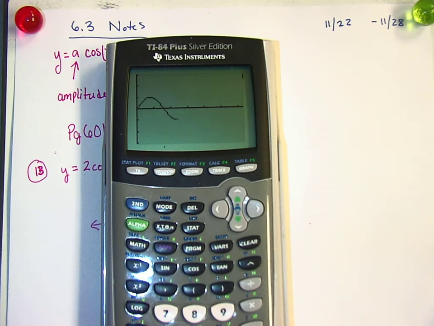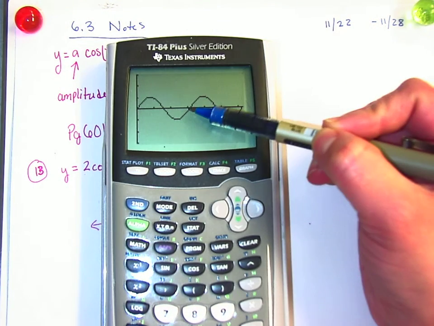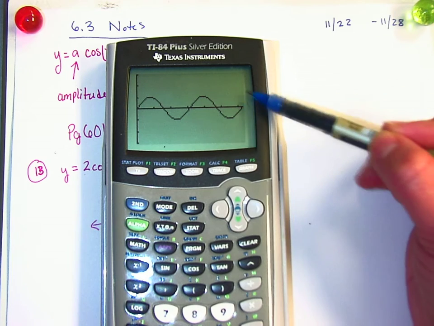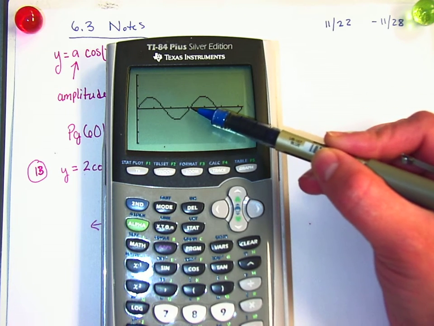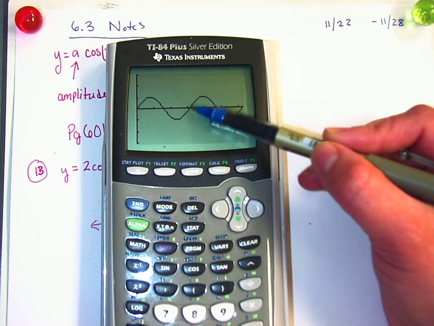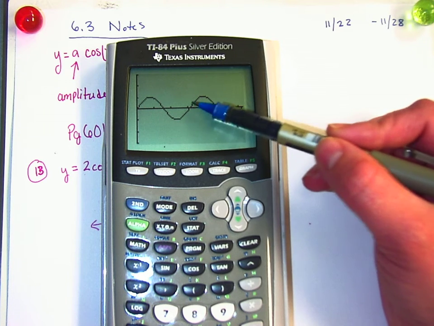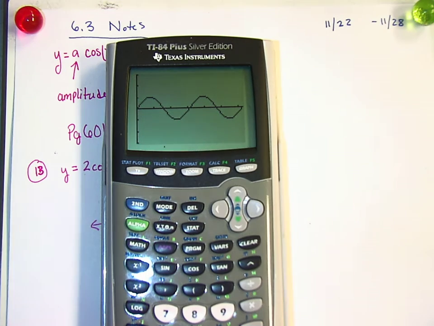So if I look at this, it looks like instead of the distance for one period being 2 pi, which is still the whole screen, the period for one cycle is ending right about 3 point something, maybe 3.14 something, about pi. So it looks like we're getting 2 cycles in instead.